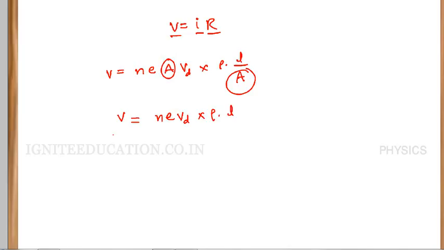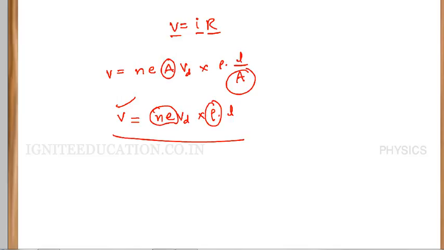So in this expression, potential difference is constant, N constant, E constant, and rho also constant. So the varying things are drift speed and length of the conductor. That means if the length of the conductor increases, there may be a change in the drift speed.